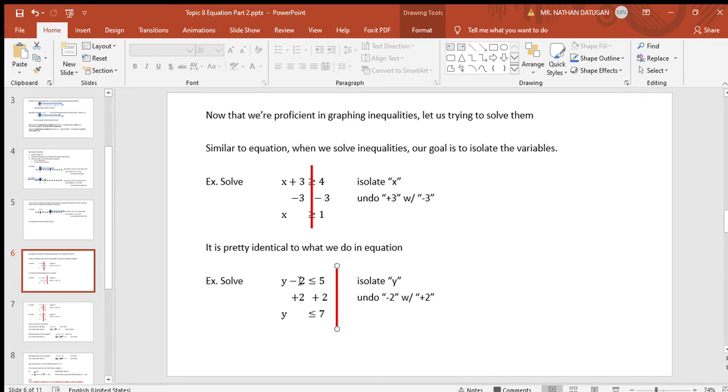How do we undo minus 2? We add 2. And since we add 2 on one side, we add 2 on the other side. y minus 2 plus 2 is y, and 5 plus 2 is 7. So the answer is y is less than or equal to 7.